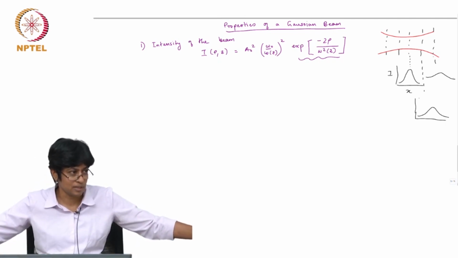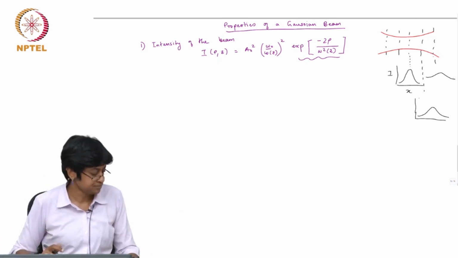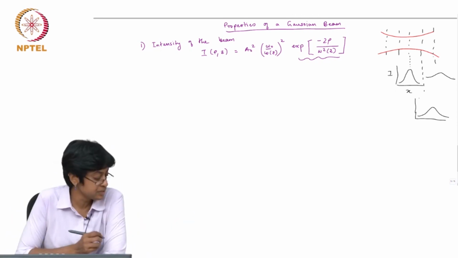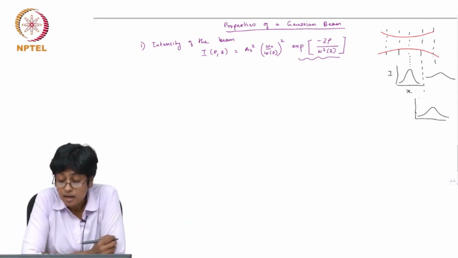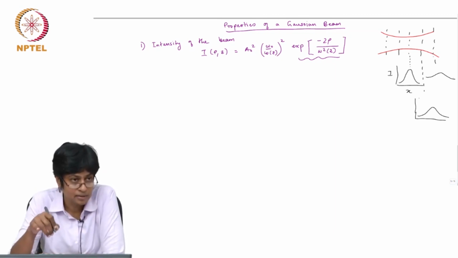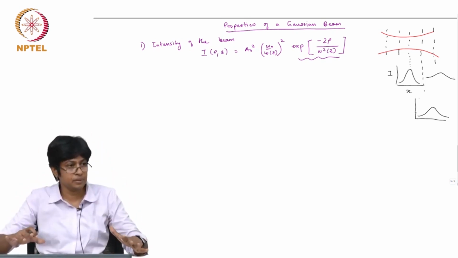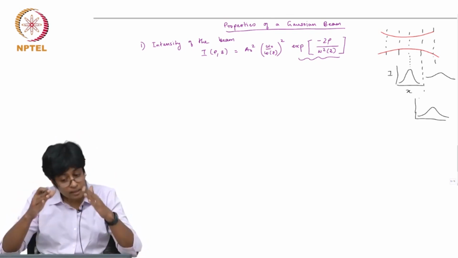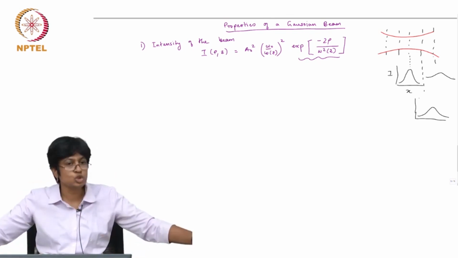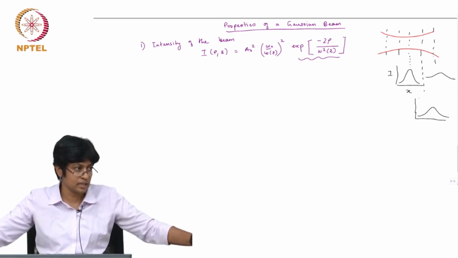infinity, okay? However, what we would be interested in is what's the power contained in a certain radius of the beam cross section. I know that the beam has this shape. I know that even this beam tends to spread out to infinity, okay?